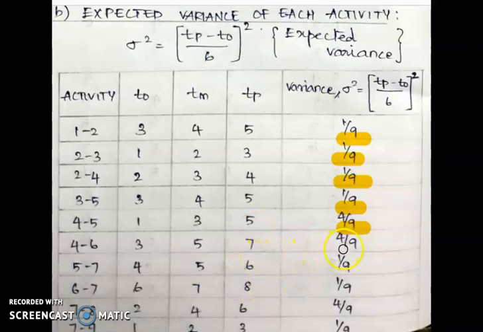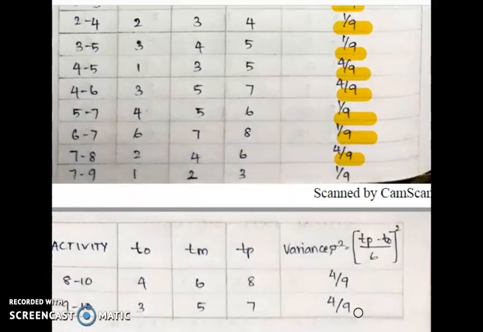Similarly, 4 to 6 is 1 by 9, 1 by 9, 7 by 9, 1 by 9, and 8 to 10 is equal to 4 by 9, and 9 to 10 equals 4 by 9. Okay, we have found the mean value and the variance value.